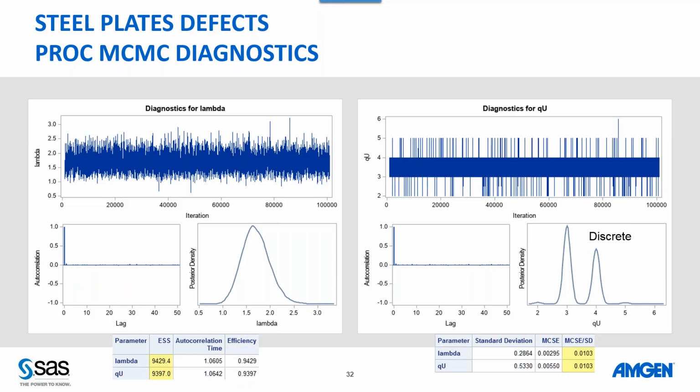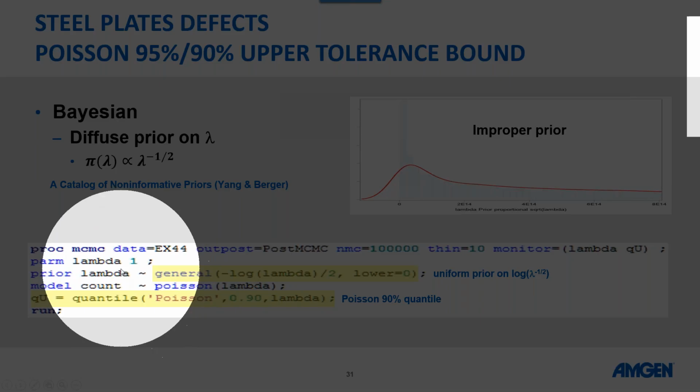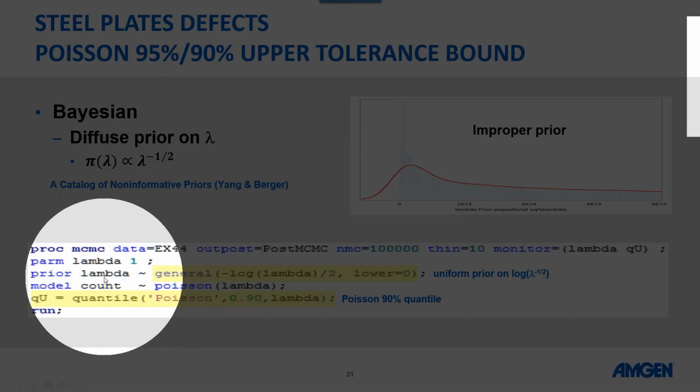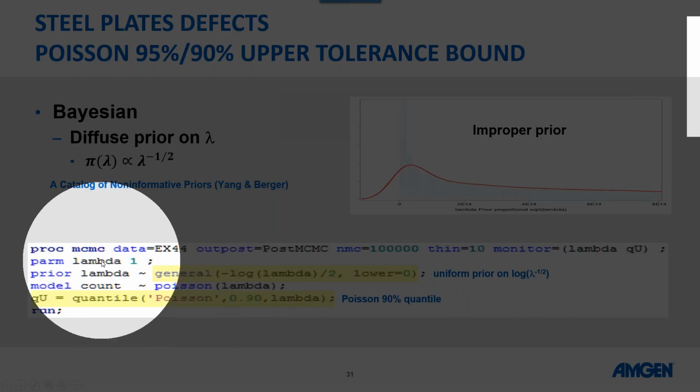Are the lambda in the parameter and the lambda in the prior different things with the same name? Can you go back to the code in the MCMC code? I think someone has a question. They're the same thing.